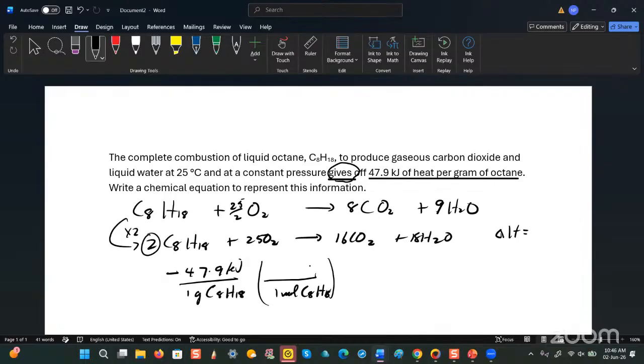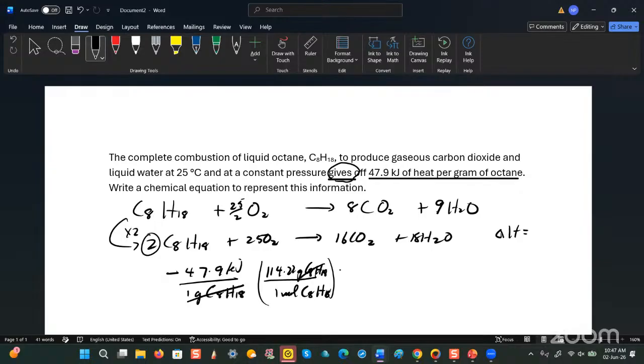That would be 8 times 12.01 plus 18 times 1.008. According to my calculation, the molar mass of octane is 114.22 grams of C8H18, so that this will cancel out with that.